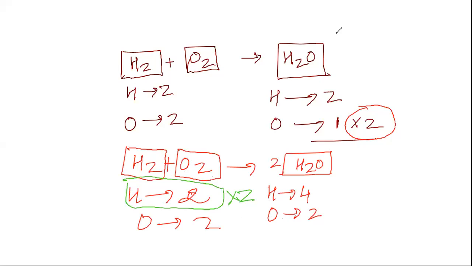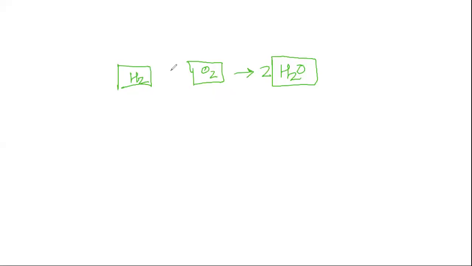So now we need to write the new equation with the various boxes. Here we have hydrogen, in another box we have oxygen, and then we have water. This one we have already multiplied with 2, and here we need to multiply this hydrogen with 2.